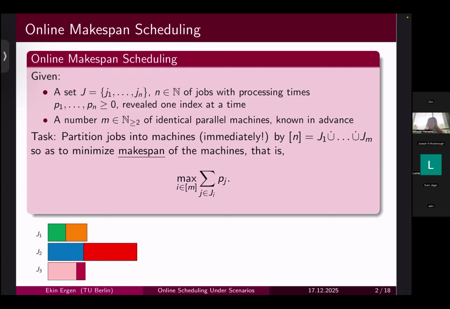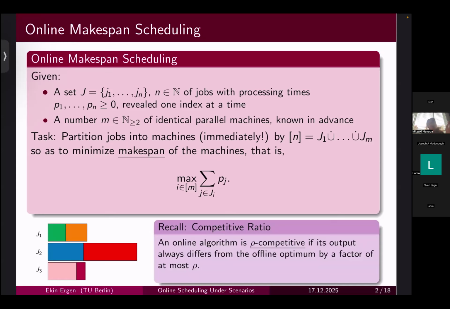And to estimate how successful you are in assigning these jobs online, you would use the notion of competitive ratio. Competitive ratio is essentially the ratio between the value you get by whatever algorithm you're applying, divided by what would have been the best way had you known the entire instance in advance.